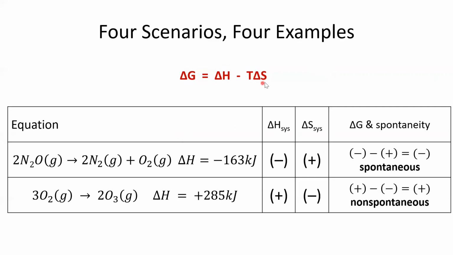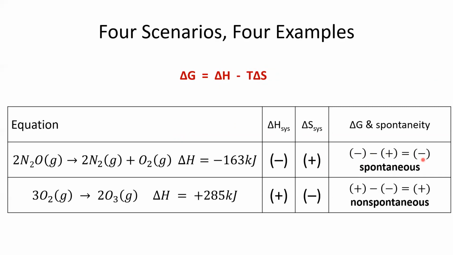and delta S is positive, now temperature has to be positive because it's Kelvin, it's on the absolute temperature scale. Taking a negative value and subtracting a positive value can only give you a negative value.